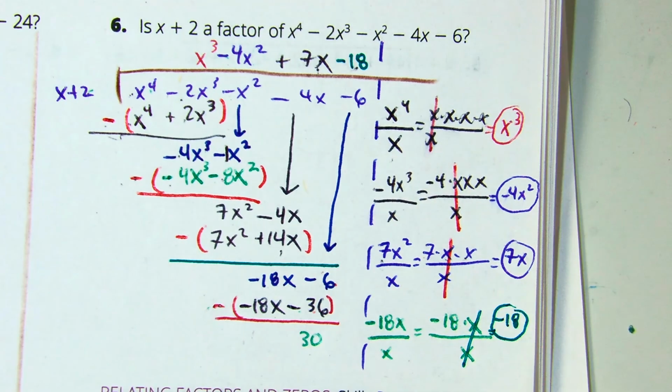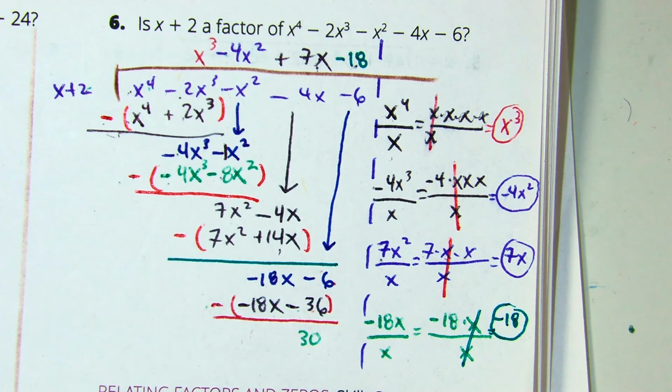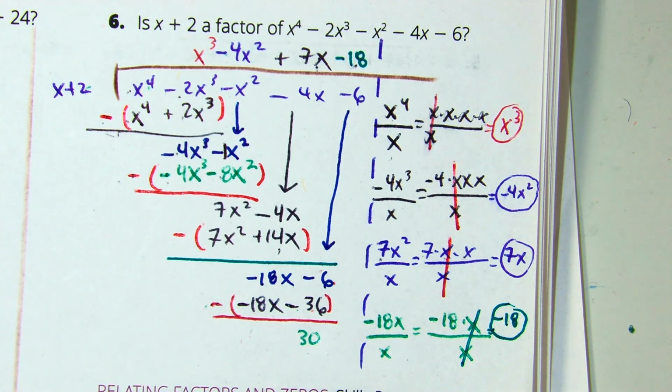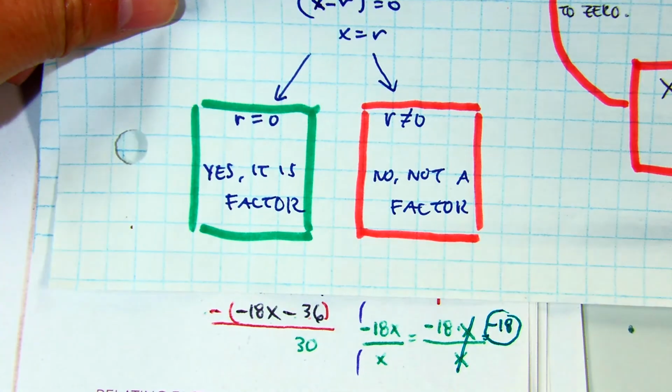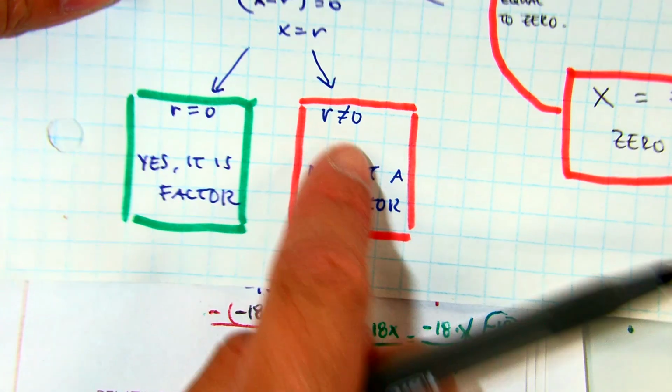Across the aisle, tell your partner what kind of statement we're going to make. Yes or no? We can use our formula sheet here. Red light, no. Our remainder is not equal to 0, so no, it's not a factor.